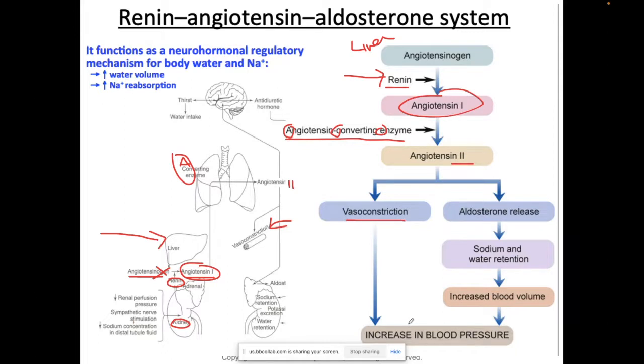When you vasoconstrict, you're going to increase blood pressure. Angiotensin 2 also stimulates the release of aldosterone. Aldosterone is responsible for allowing us to reabsorb sodium. If you reabsorb sodium and you reabsorb water, you increase blood volume, and blood pressure increases. What a beautiful cascade of events that happens here. Isn't that something?